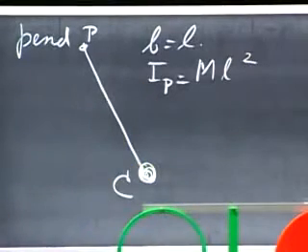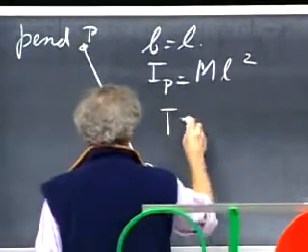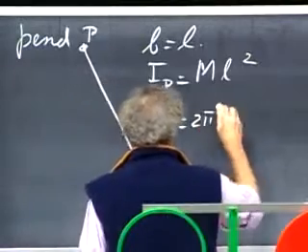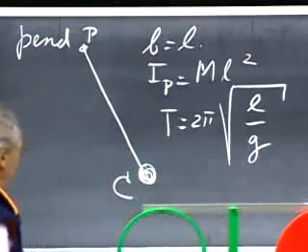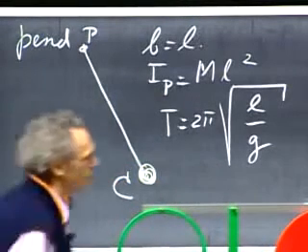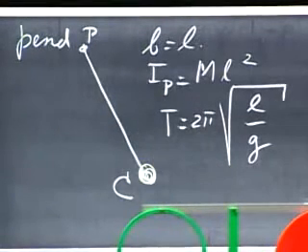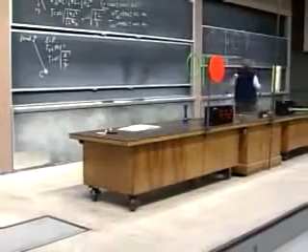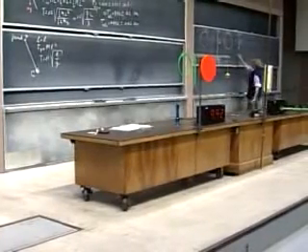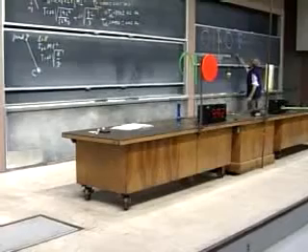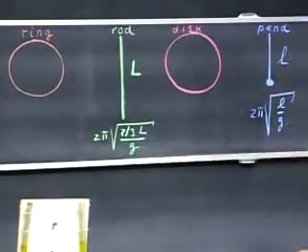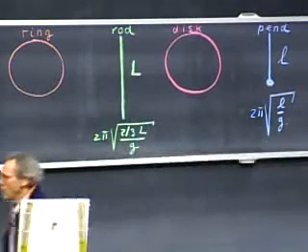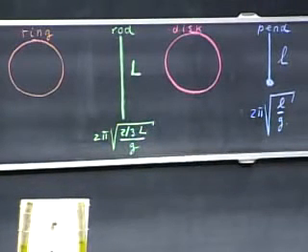So I go to this equation, and so I ask what is the period of a pendulum, and you're not surprised that you find 2 pi times the square root of l over g. We've seen that before, but of course it also comes out if you do it in this more complicated way. So here we get 2 pi times the square root of l over g. Let's now do the ring.